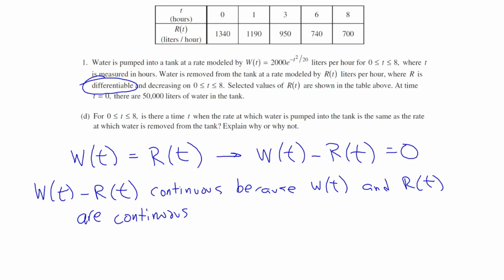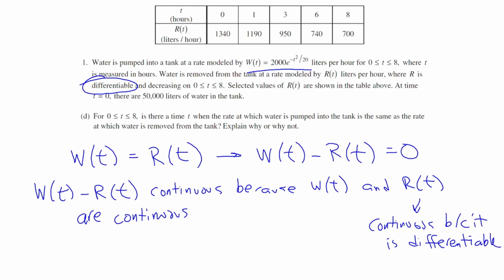And you probably want to give a reason why. Not for W because that's just clearly a continuous function, but R is continuous. We could say it's continuous because it is differentiable. And anytime a function is differentiable, we know that it is also continuous.